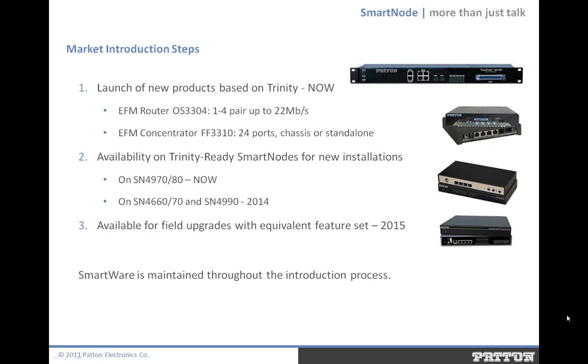That's available now. And towards the beginning of next year, we'll have it available for the 4660-70 series, and we'll add support for the different WAN interfaces, DSL, fiber interfaces, etc., on the SmartNode hardware.